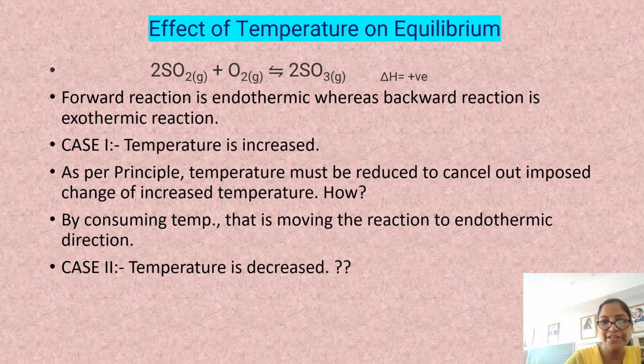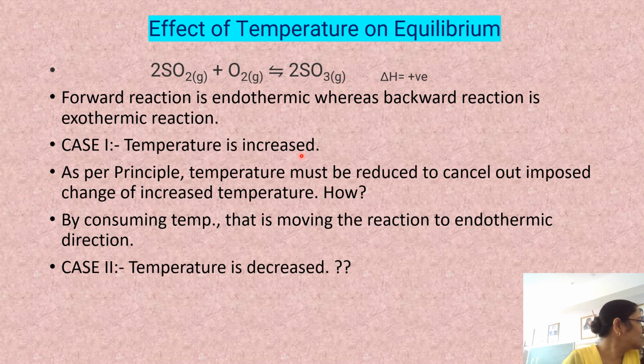Effect of temperature on equilibrium. Let us take the same reaction. Let us assume that this reaction is endothermic. It means the forward reaction is endothermic and the backward reaction is exothermic. Now case 1, when the temperature is increased.